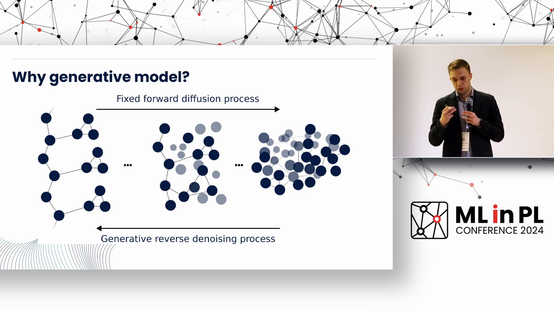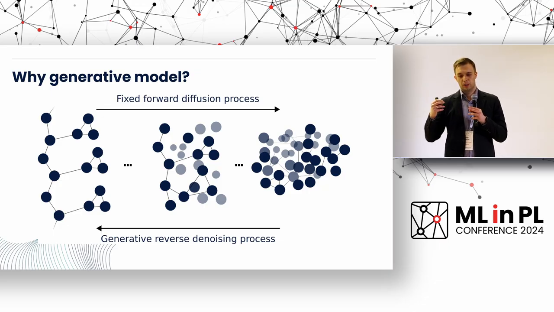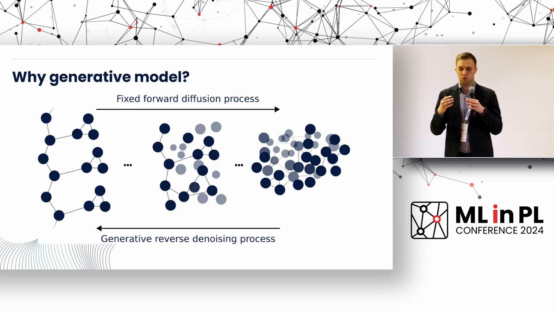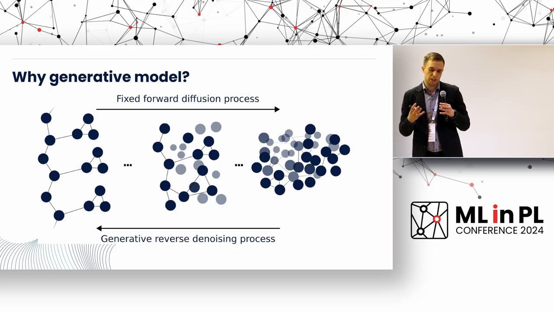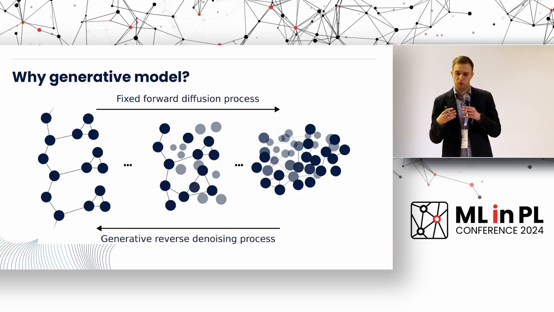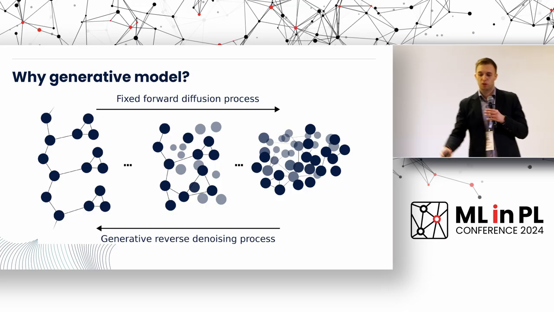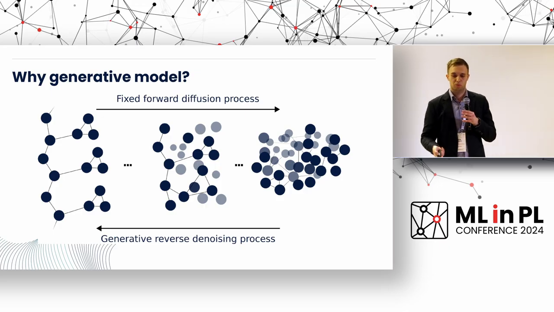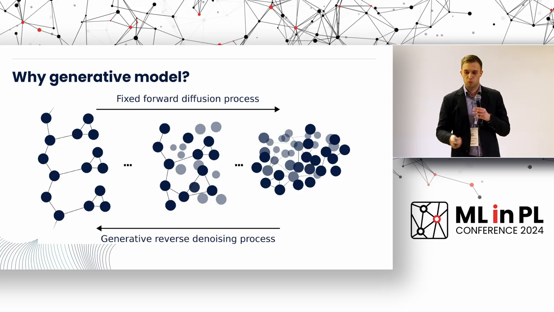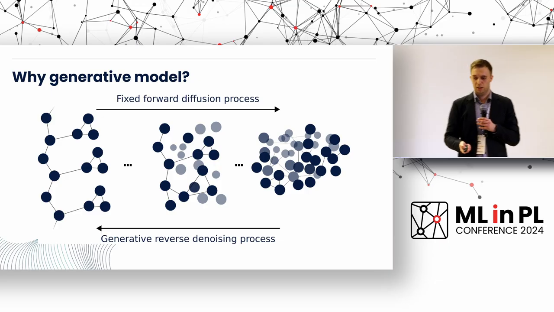What we do is add noise to the atoms' positions. So the connections, or how the atoms and residues are built, remain unchanged. The only thing that changes is the atom coordinates. We add noise to atom coordinates, and we train our generative model to reverse that process to predict atoms' coordinates.